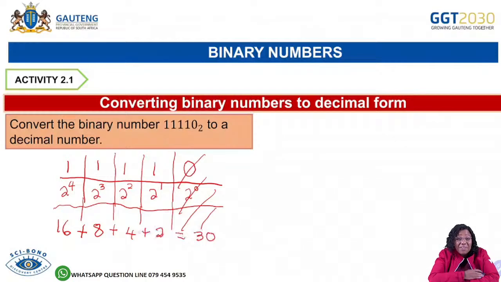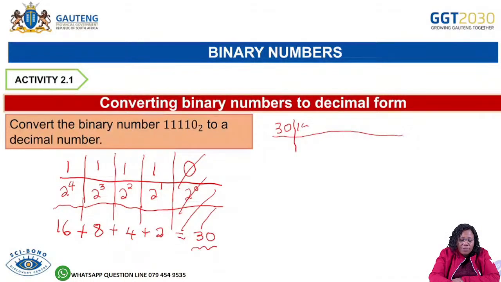We can even verify the answer together, grade 12, by taking this 30 and reversing it back to its binary number. If I have 30, do you still remember the method that we did previously? You say 30 divided by 2 is 15, divided by 2 is 7, divided by 2 is 3, divided by 2 is 1.